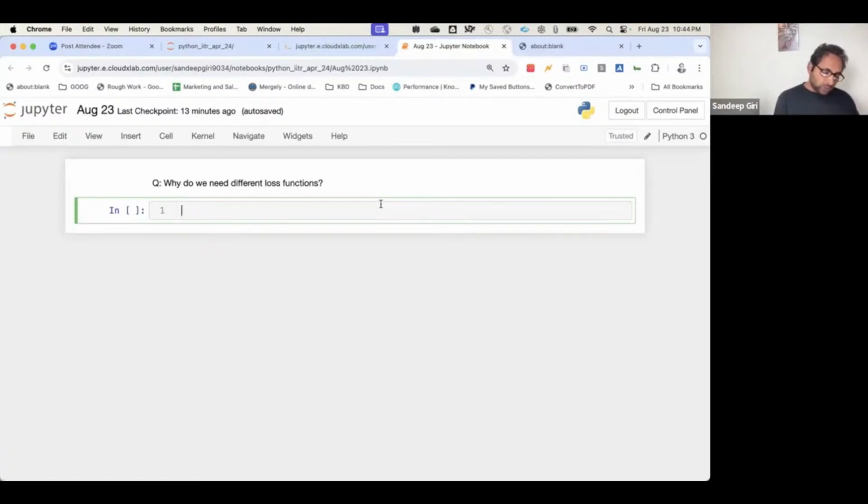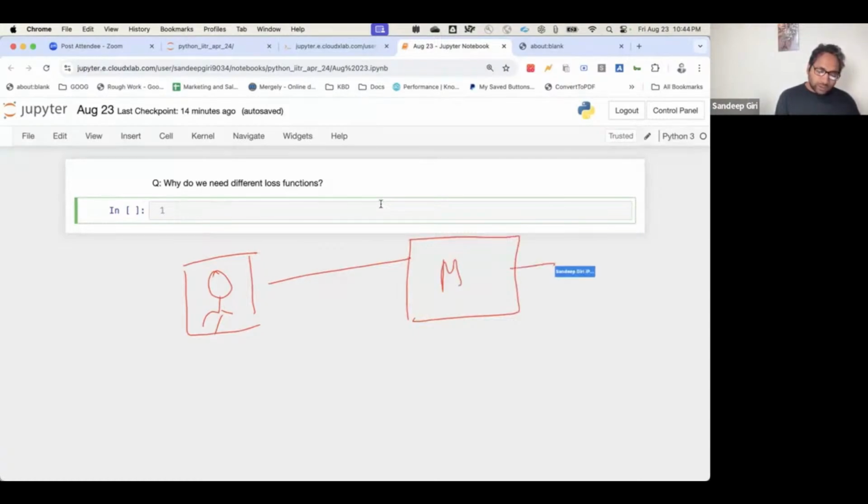So the problem statement is, given the photo of a person, build a model M that will convert this input data into a bunch of numbers. We call that embedding. Given the photo of a person, convert that photo into embeddings such that that embedding.